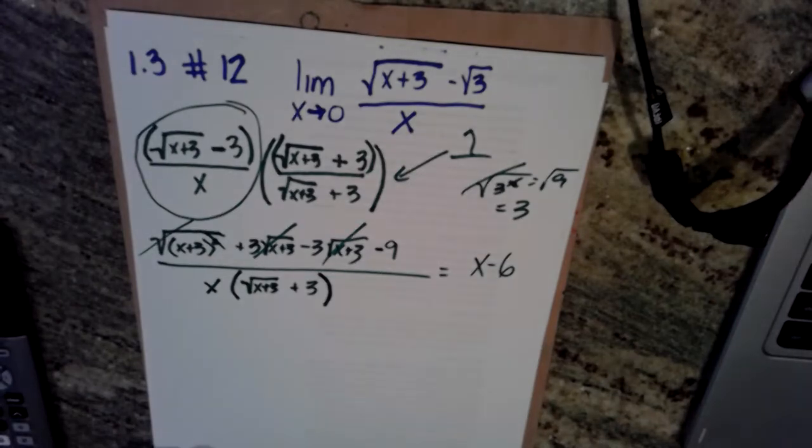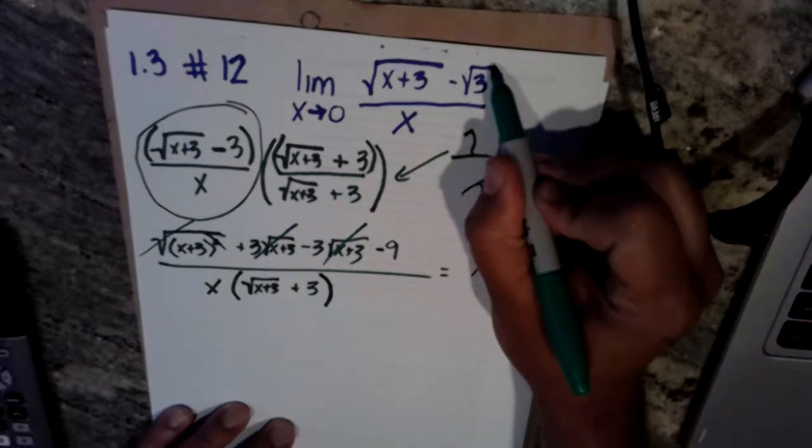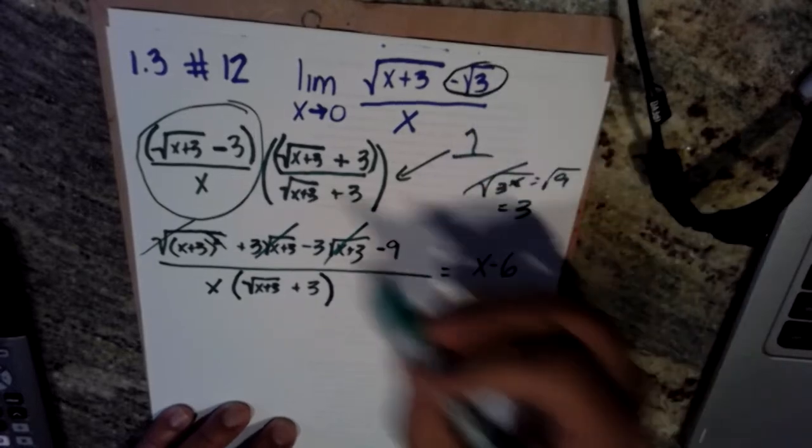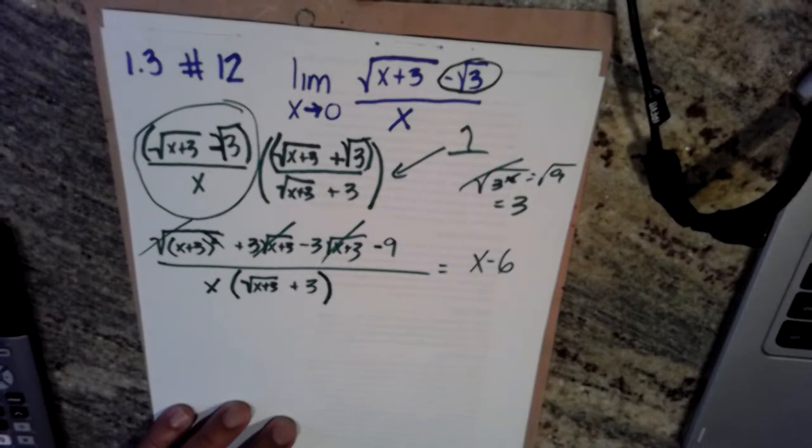No, that's not right. Aha, I see it. I'm so sorry, Ella. Look, that's a radical 3. I always do this. This should be a radical 3. This should be a radical 3.